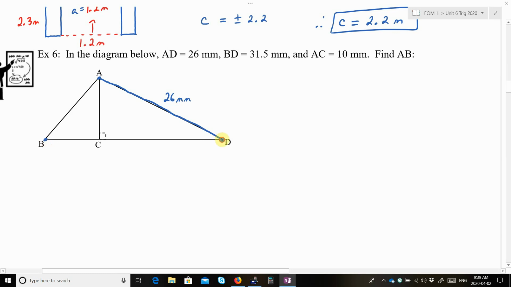So B all the way to D, they're saying that that is 31.5 millimeters. And then AC is 10 millimeters. So this guy is 10 millimeters. Find AB.